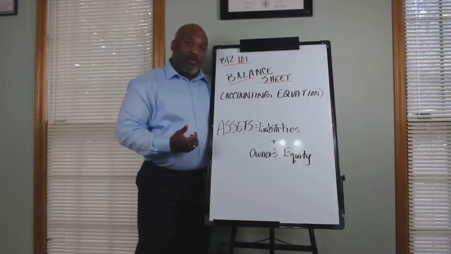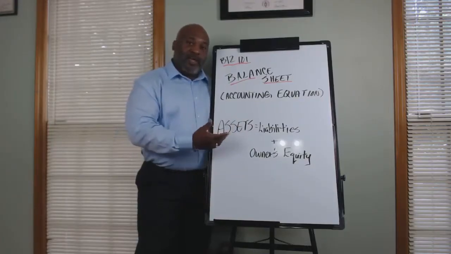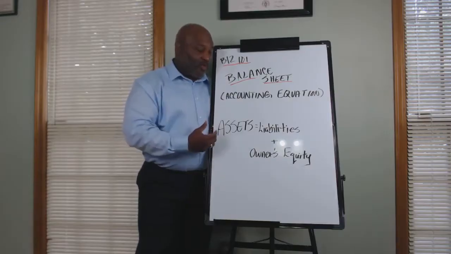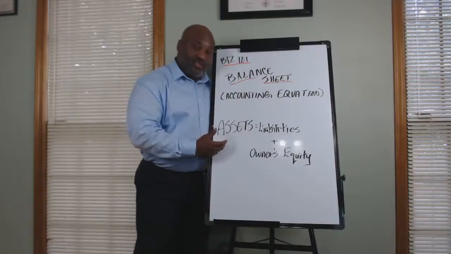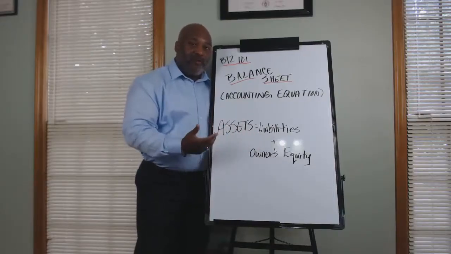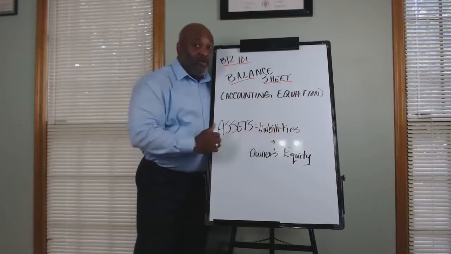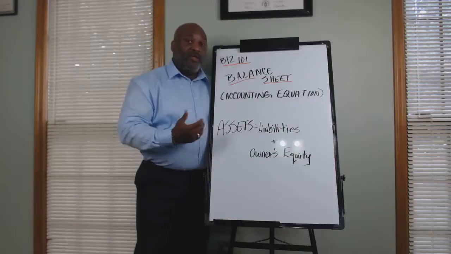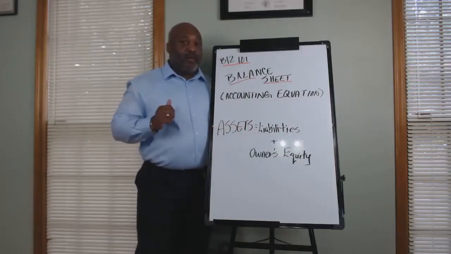So when you go to a bank and say, hey, I want to increase my capital, I need a loan to buy more equipment, the bank wants to look at the same balance sheet that you're looking at to see if you're overextended, if you have too many loans already. From that point, they can let you know, hey, we can't do this because you have too many loan obligations already. On the flip side, in your benefit, if you know you don't have that, it shouldn't be a problem.